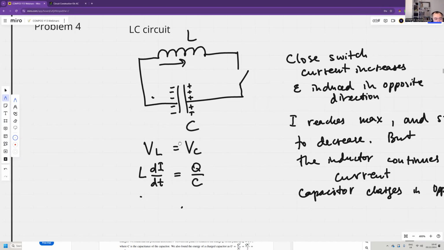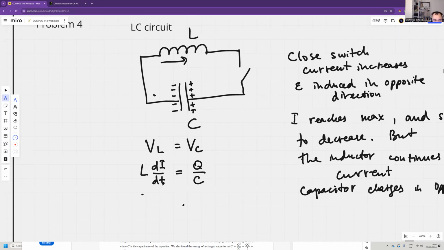Now, when I make them equal, they actually have opposite signs, but because they are in parallel, we can say that they're equal. I'm ignoring the signs at the moment because I know this is positive, Q over C is positive, so L di/dt has to be positive as well. And I know once I flip the switch, the current is increasing, so di/dt is positive.